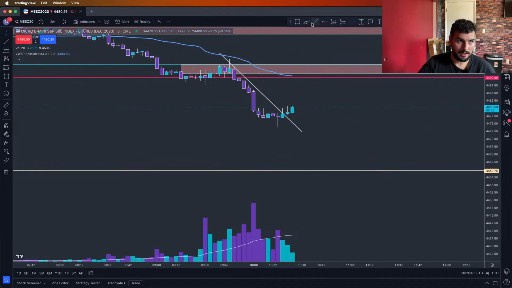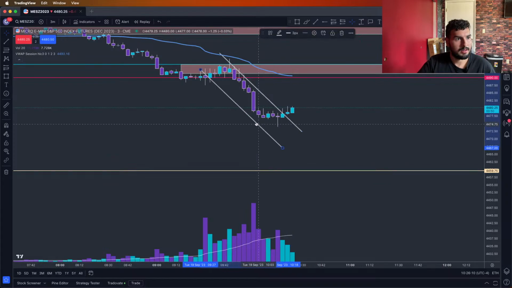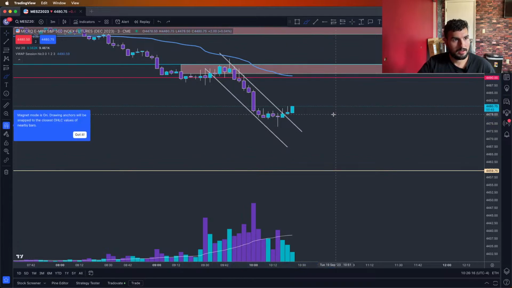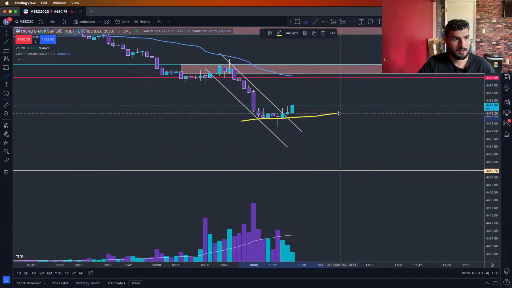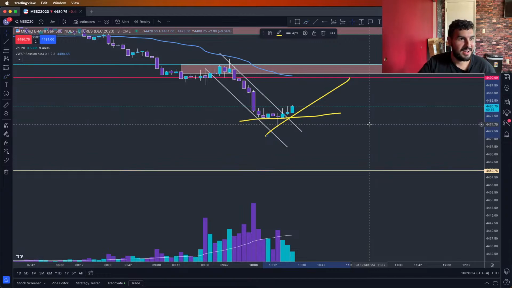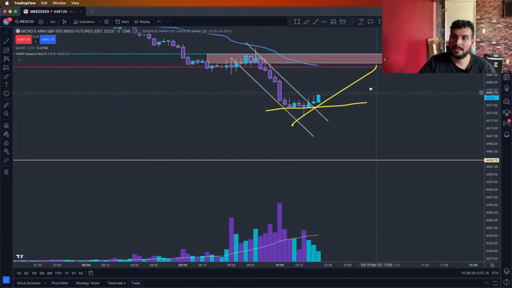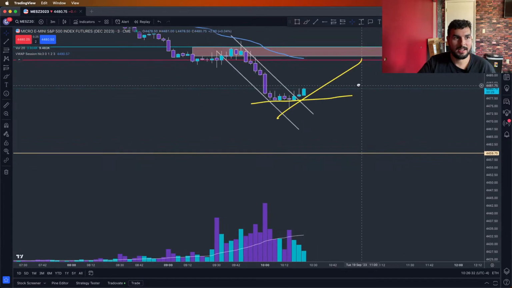And what that means is that we have this channel, and then we have level support, and then we have something like that. That line came out nice. See some taper in here.